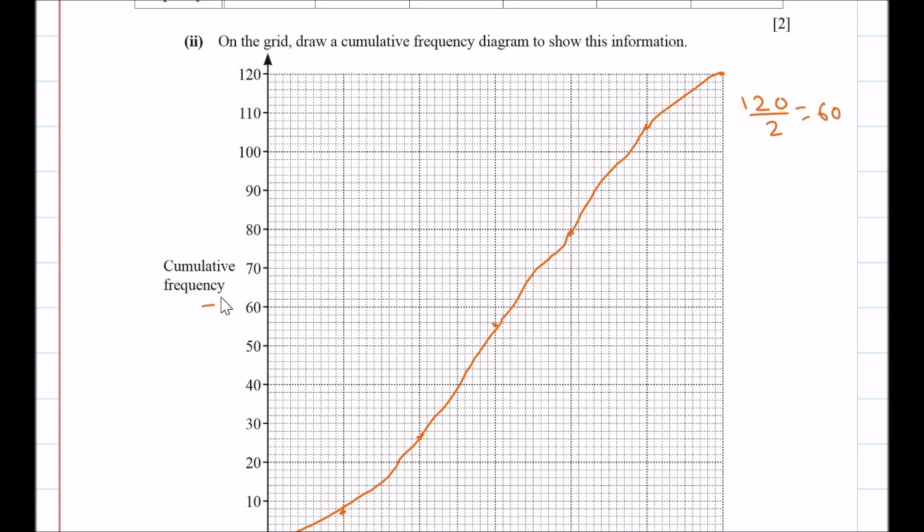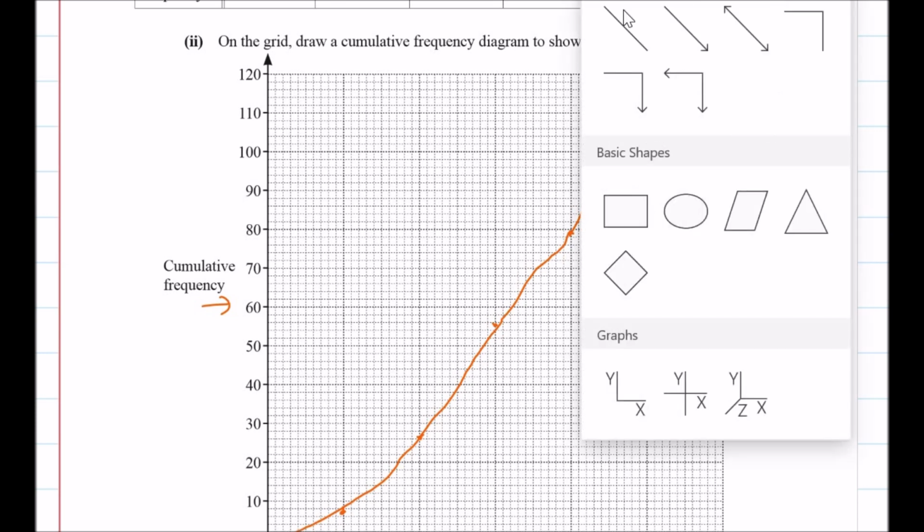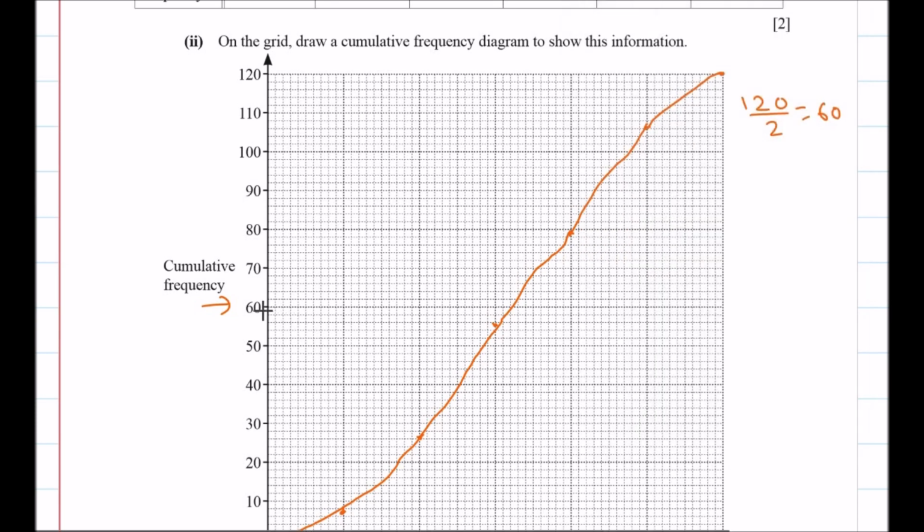So 60 is here. That means we need to draw a line from there to the curve, and then we'll go vertically downward to the x-axis to find the value. So let me draw the line from here to the curve. Now we'll go down from here.